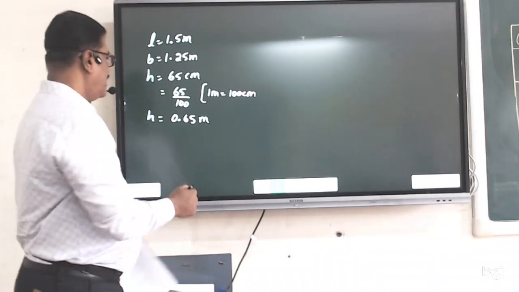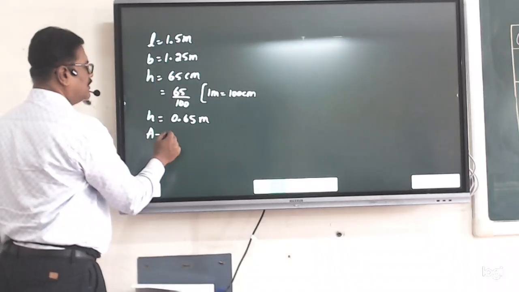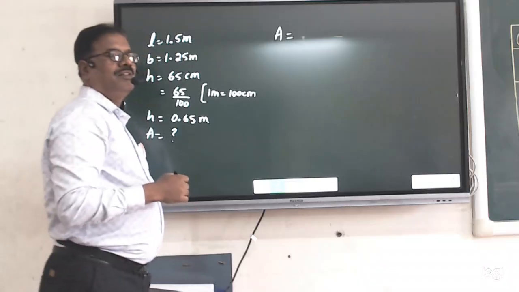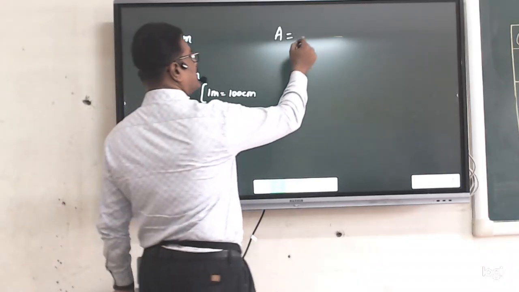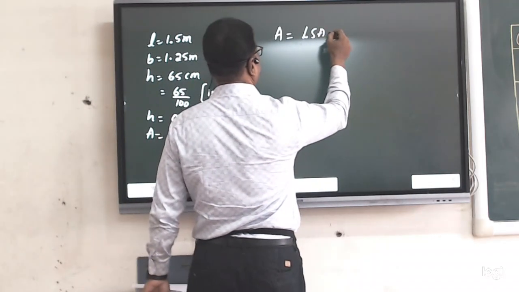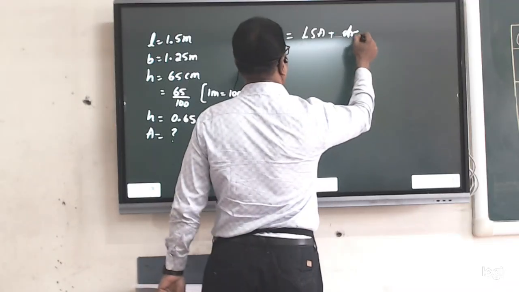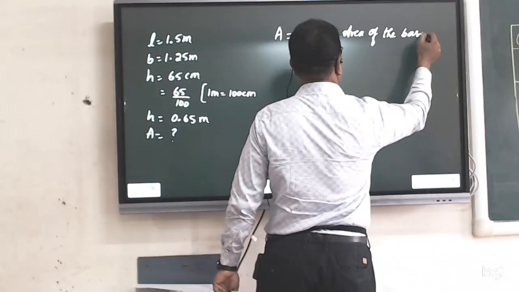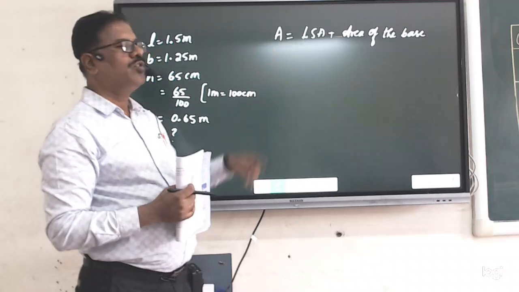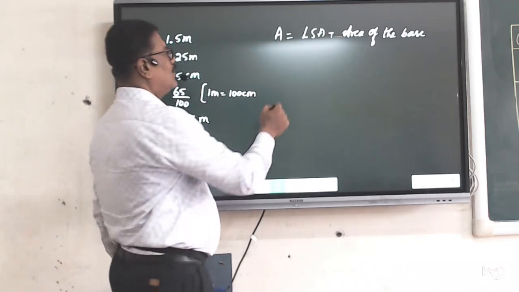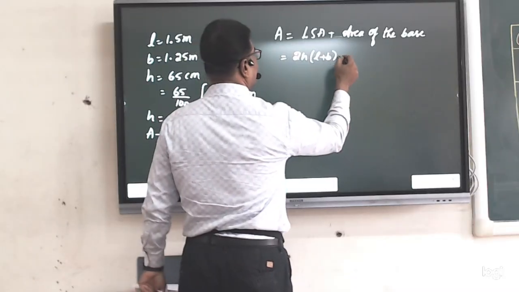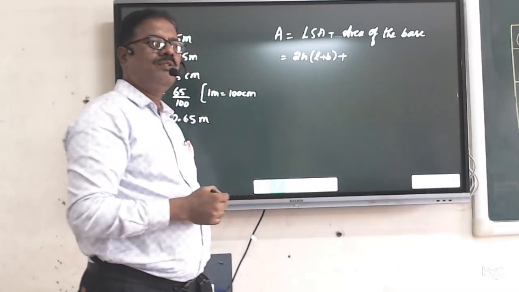Tell me what to be done. All of you think and tell me the answer now. What will be the formula here? LSA plus, correct? LSA plus area of the bottom, correct? Area of the base or bottom, anything you can write. What is the formula to find the LSA of a cuboid? 2h into L plus B plus, what is the formula to find area of the base?